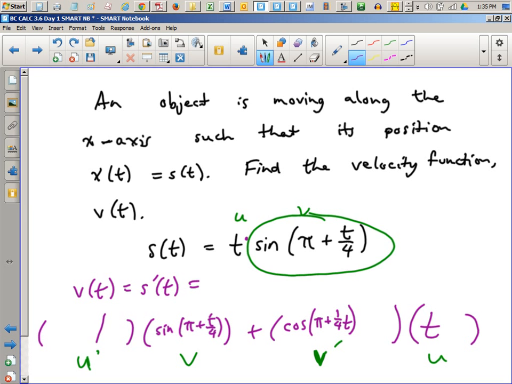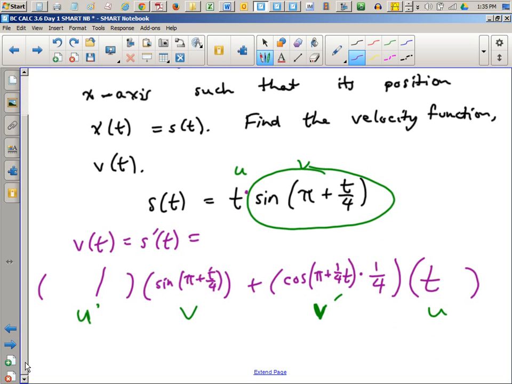Don't want to change my angle, remember? If the function is sine of blah blah blah, then you start with writing cosine blah blah blah. Now we look on the inside of that, and we say, what is the derivative of pi plus 1/4 t? Simply 1/4. Correct. The pi is a constant.